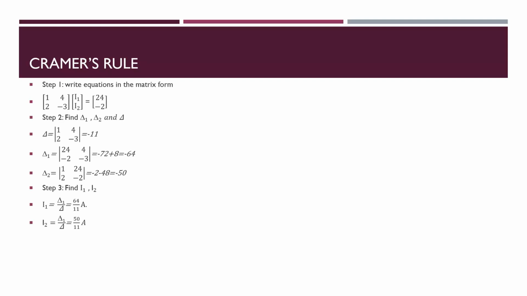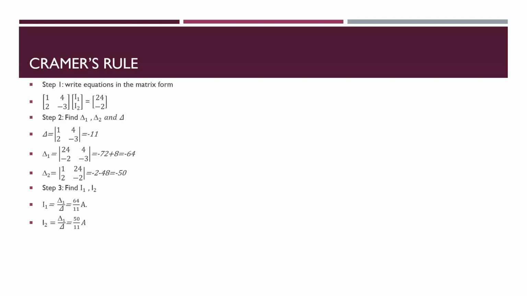So here it will be 24 and minus 2, 4 and minus 3, and the value of this determinant will come minus 64. Now delta 2 is obtained by replacing the second column with the constants: 1, 2, 24 and minus 2. It will come out minus 50.